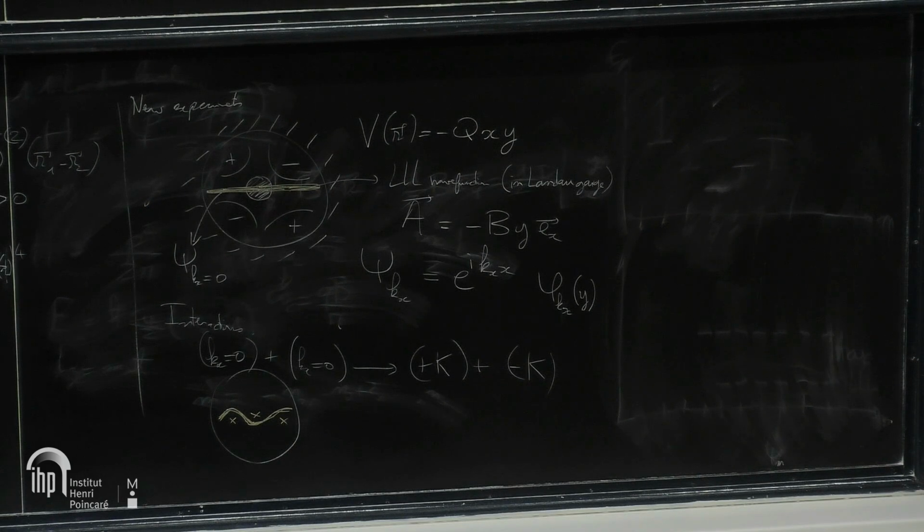And so I think this shows that we can really track the effect of interactions and the interplay with the ordering of vortices, maybe towards Abrikosov vortex lattices, really at the microscopic level. So I think those experiments are very interesting. They show that rotating gases are still a very active field of research.